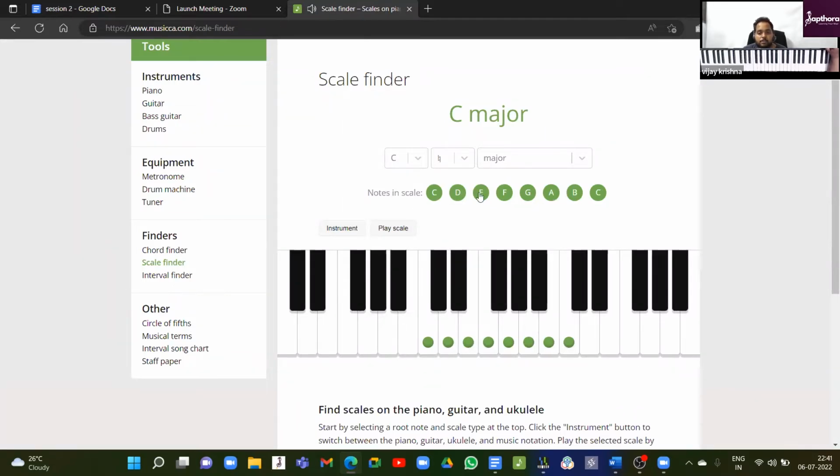The notes present in the scale are C, D, E, F, G, A, B, C. The C is the first letter, and the last letter will also be the C. In between, we get the 7 letters.